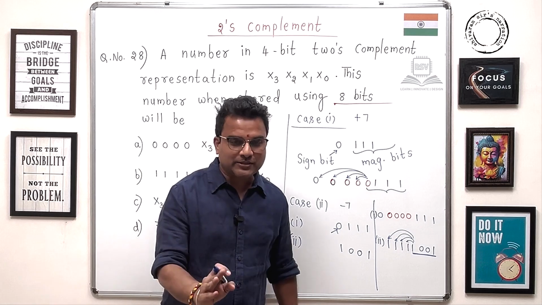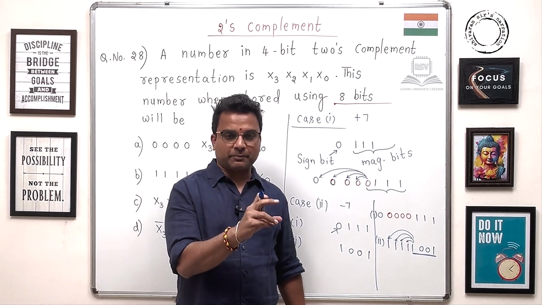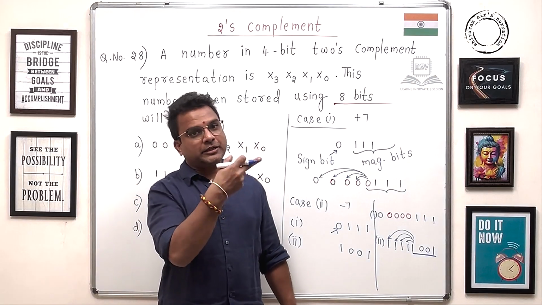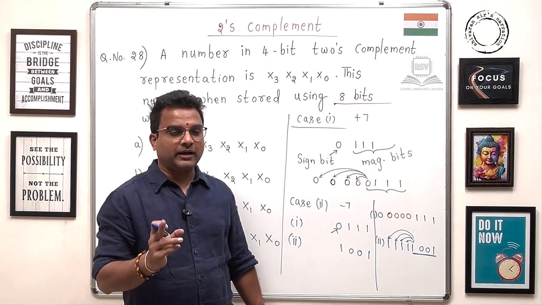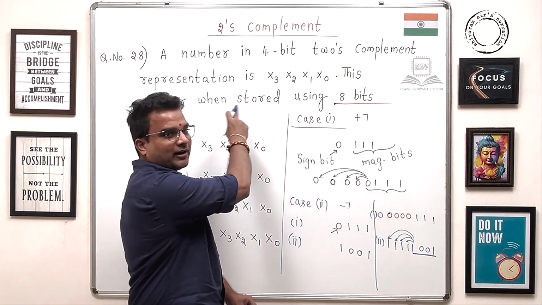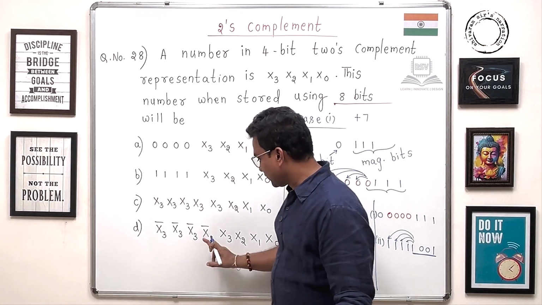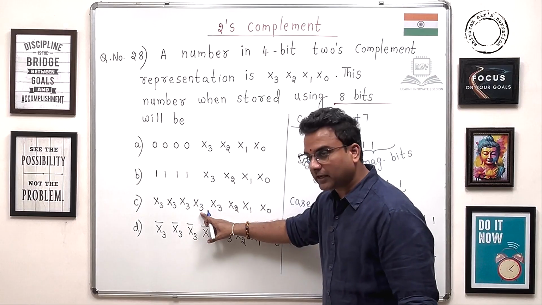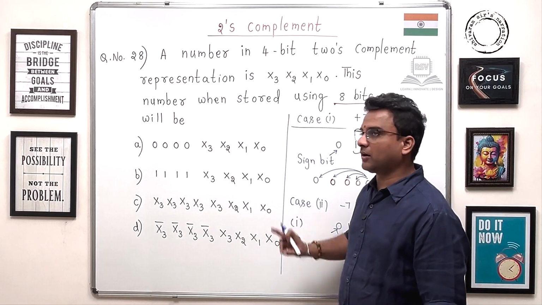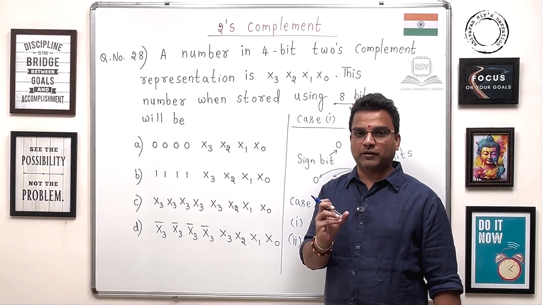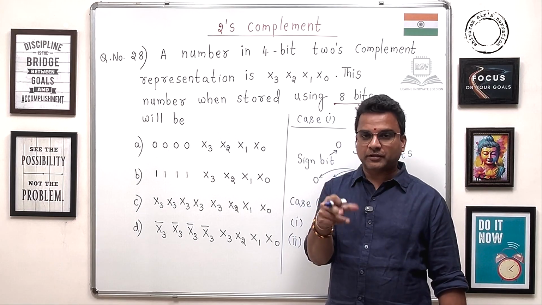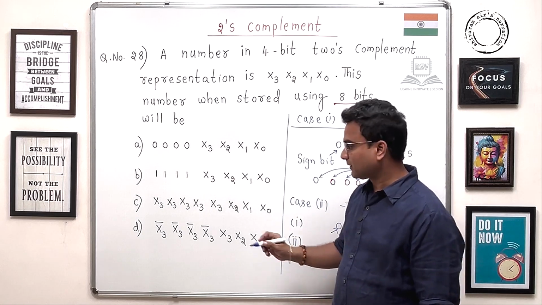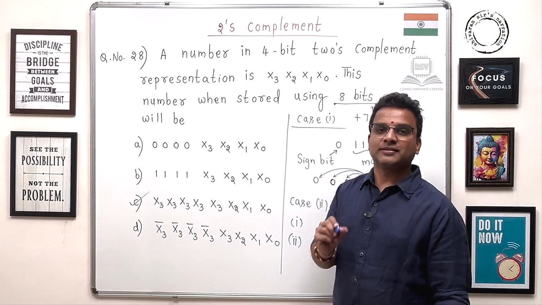So the conclusion is, if there is a number in 2's complement representation as x3, x2, x1, x0, in 8 bits the representation will be like this: the MSB is copied. So this is the MSB for 4 bits, right? So x3, x3, x3, x3, x3, x2, x1, x0. This is the procedure to convert a 2's complement number in 4 bits into a 2's complement number in 8 bits format. So what is the answer? That is none other than option C.